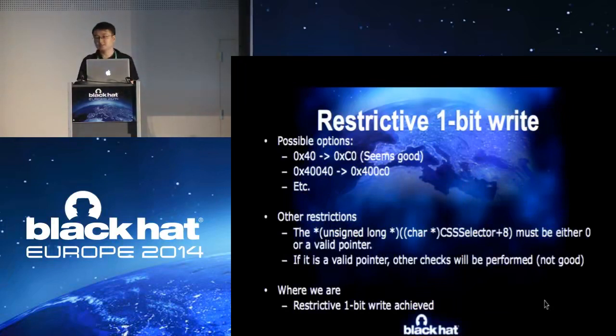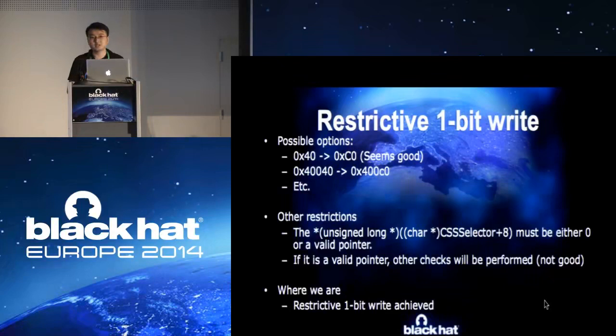So what can we do? We can possibly choose some options. First, you can choose a value from 0x40 to 0xc0. This seems to be good, although we have some other possible options. They are not that useful. And there are also some other restrictions. For example, for that value, the offset 8 must be either 0 or a valid pointer.